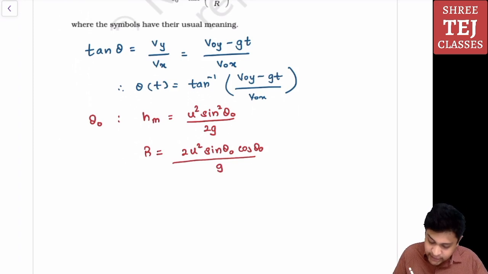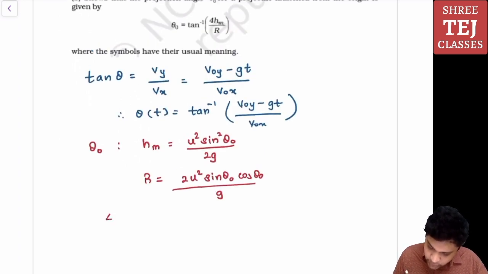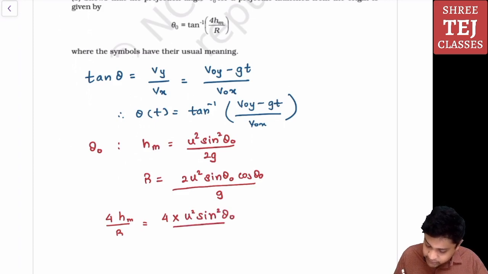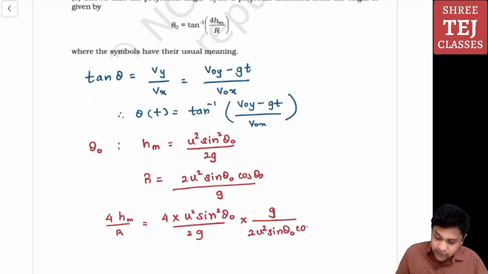Therefore, what we will do is we will find 4 times hm upon R. So 4 times hm upon R would be 4 multiplied by hm, which is u square sine square theta naught upon 2g, multiplied by 1 upon R, which would be, g will go to the top, 2u square sine theta naught cos theta naught.